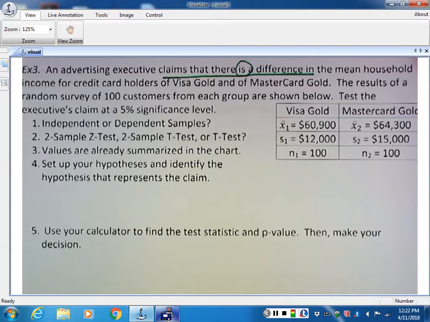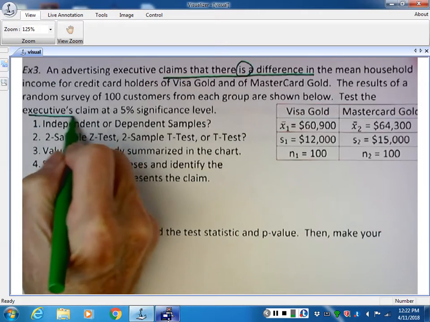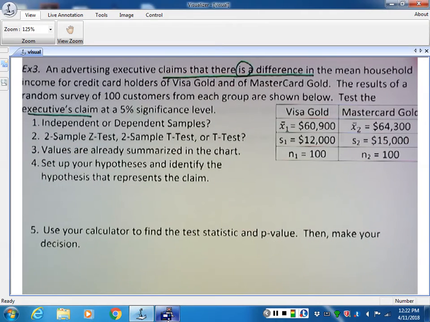The results of a random survey of 100 customers from each group are shown below. We want to test the executive's claim at a 5% significance level.